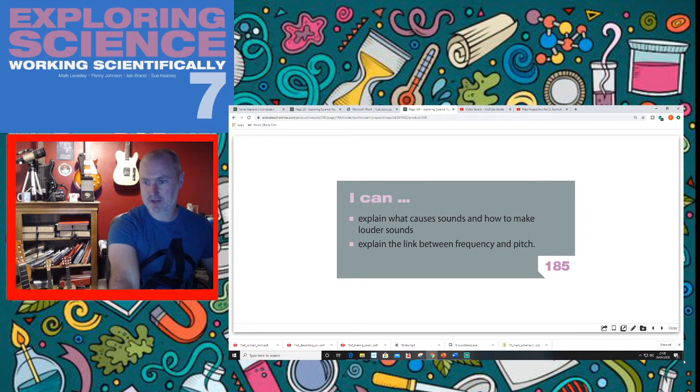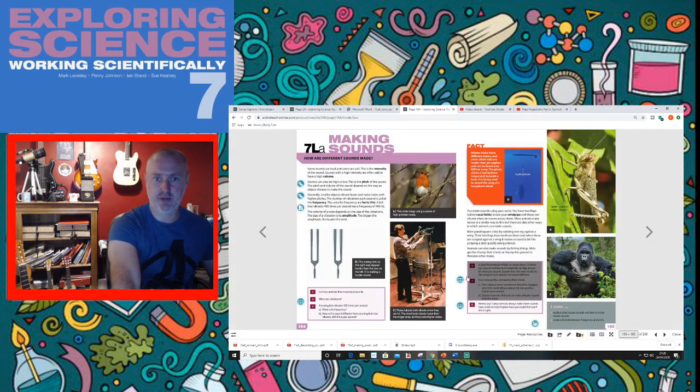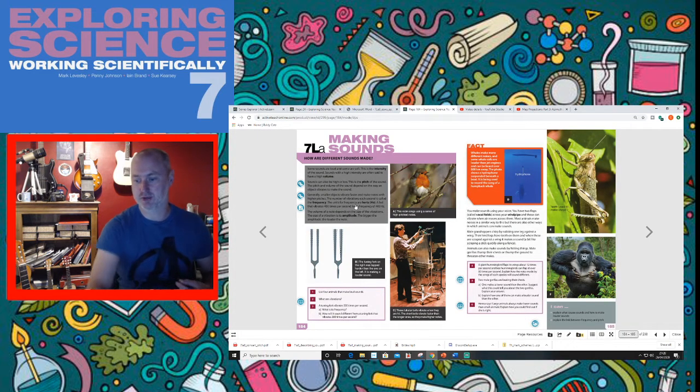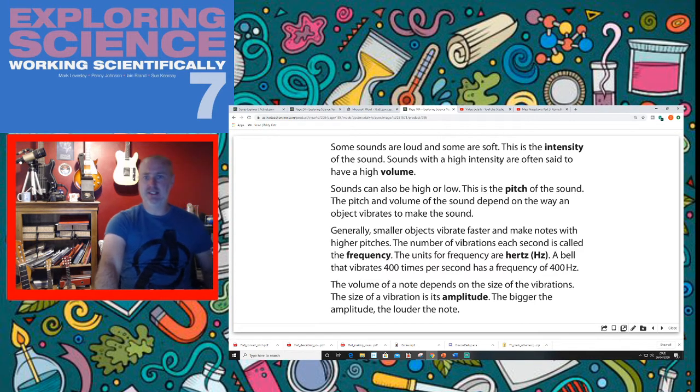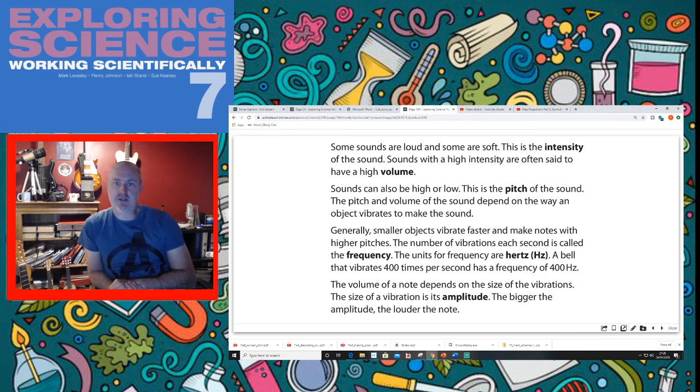So let's have a look at the textbook and see if we can pick up some more words and maybe have a look at one or two of the questions. So it's the words in bold that I'm interested in. Now, you've seen this first paragraph here. It refers to volume as being intensity.